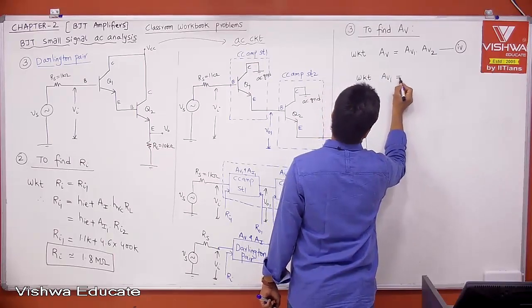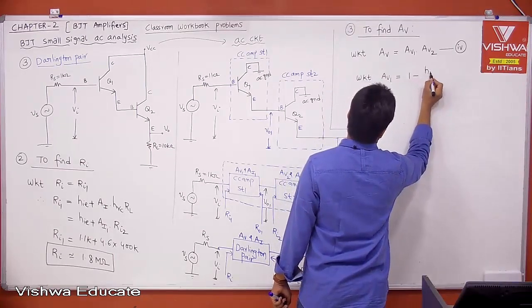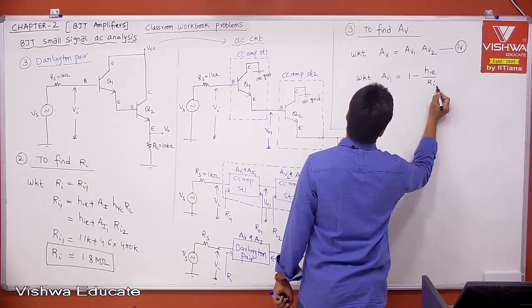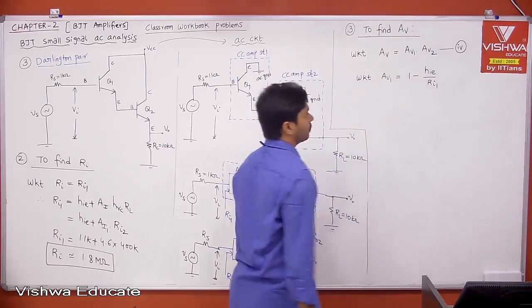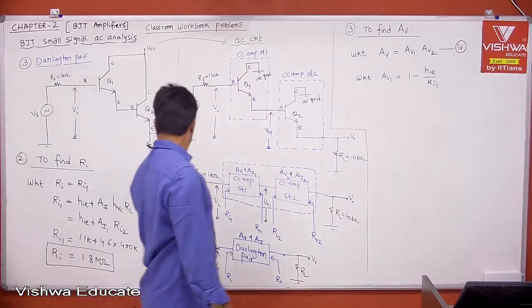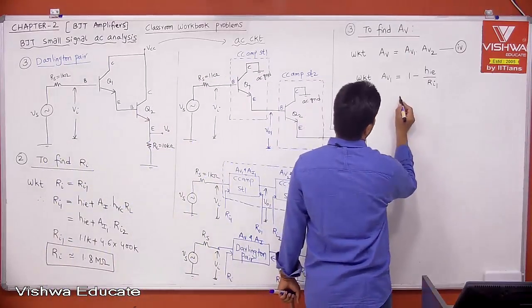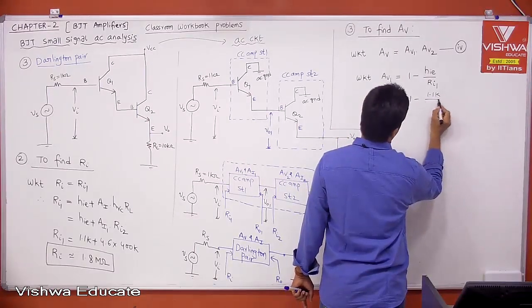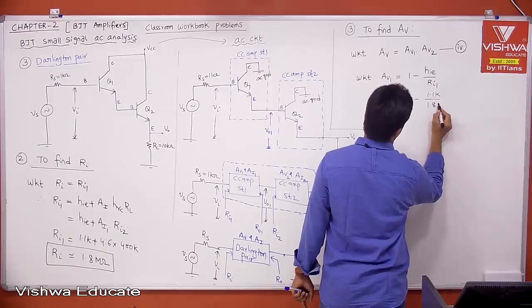AV1 is equal to, I gave the generic formula, 1 minus hie divided by Ri. Now what is Ri? It is Ri1, which is nothing but 1.8 mega ohm. Therefore this is 1 minus hie, which is 1.1 kilo ohm, divided by 1.8 mega ohm.